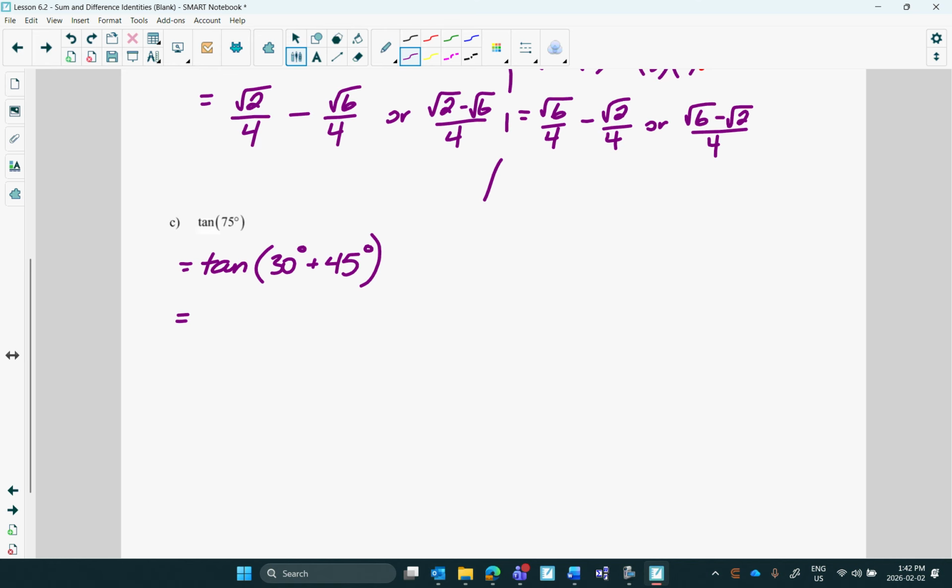So if you go back to your formula, that's the same as tan 30 plus tan 45, all divided by 1 minus tan 30 times tan 45.